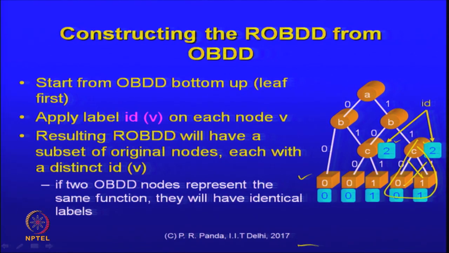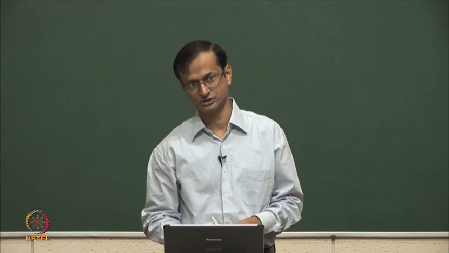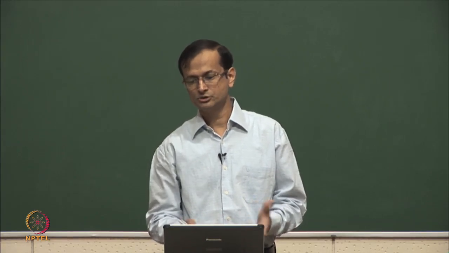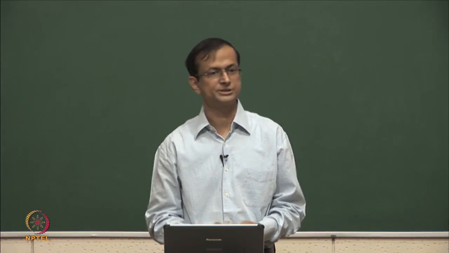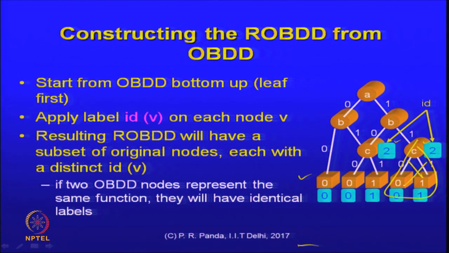It is defined only in terms of its children. Its parents have nothing to do with that Boolean function itself. So, two labels essentially correspond to the same Boolean function, and I would keep one of them. Anyway, what we are driving at is that the ROBDD is a subset in terms of nodes, at least it is a subset of the original OBDD, because we are getting rid of some of the nodes and edges.